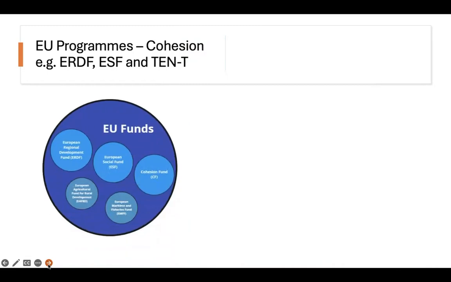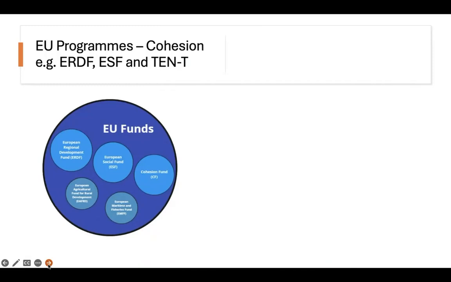So first of all, we have the EU cohesion funds themselves. Their financial instruments aim to reduce disparities by investing in infrastructure, employment, innovations, particularly in those regions with lower GDP per capita. For example, the ERDF looks at innovation, the digital economy, small and medium enterprise competitiveness, and some aspects of transitioning to a low carbon economy.